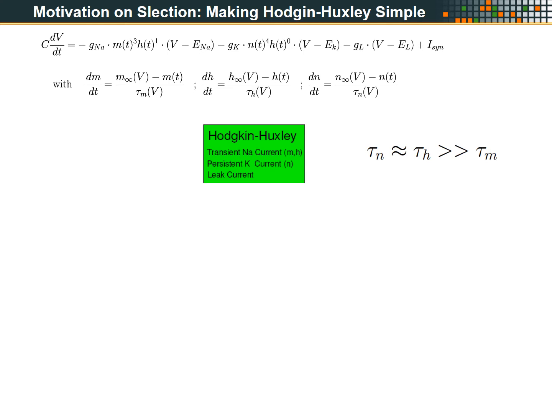If we do the analysis in terms of the timescales, we realize that the voltage is rather slow, and the timescales of the gating variables n and h are also rather slow and nearly identical, while the timescale of tau m is much faster. So this alone allowed us to use a combination of these and to simplify the choices that we were really considering.